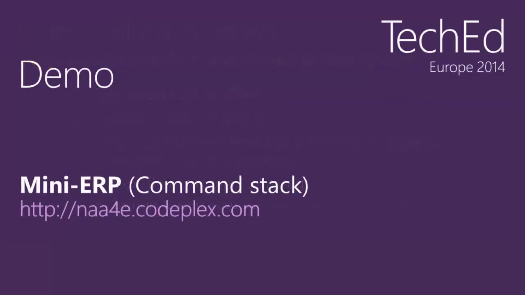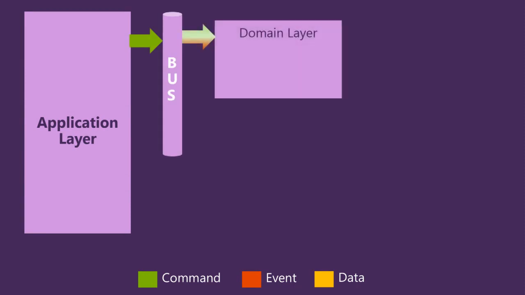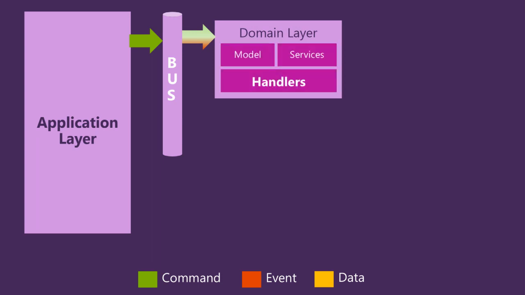Okay? Now, graphically, the same. The application sends a command to the bus. The command hits the domain layer where we have the domain model, domain services, and handlers, sagas, or denormalizers. As the command executes, an event may be pushed back. It's typically pushed back to the bus for other handlers or denormalizers to kick in and do their own job.